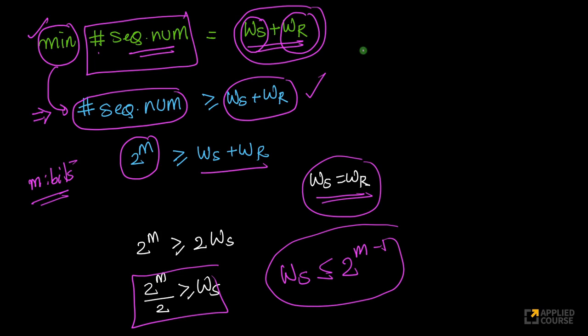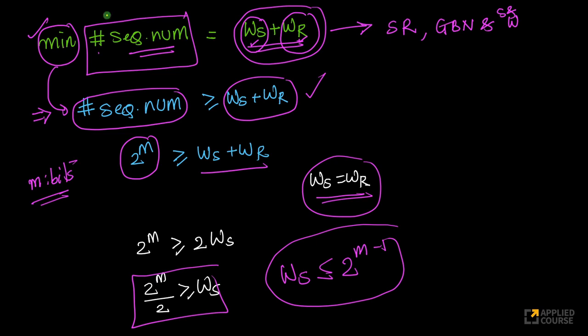So the general concept that the minimum number of sequence numbers is equal to the size of your sender window and receiver window holds for selective repeat. This equation holds for selective repeat, it holds for go back n, and it also holds for stop and wait, right?